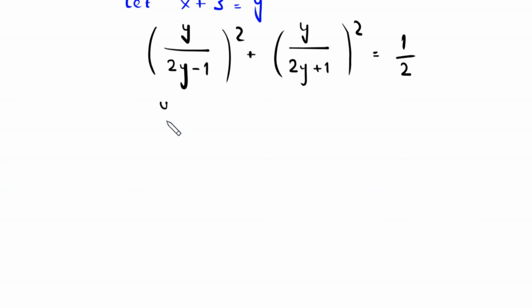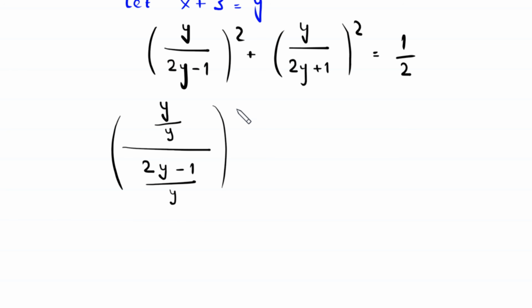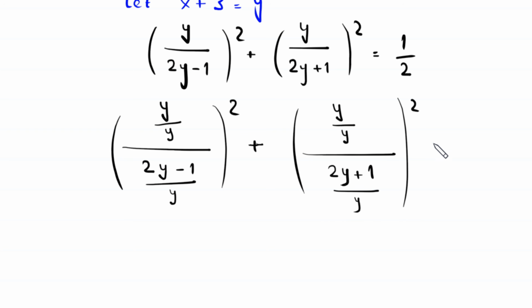So this will become y over y divided by 2 times (y minus 1)/y whole squared plus, in the same way we divide the numerator and denominator by y. So this will become y over y divided by 2 times (y plus 1)/y whole squared equal to 1/2.